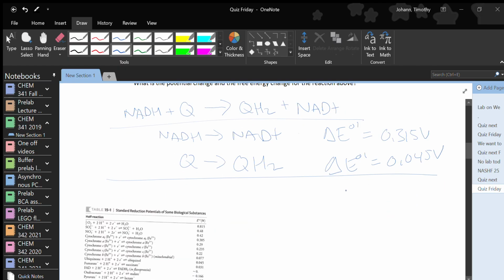And so the total potential change for a full reaction, where we've put these half reactions together so that one thing is oxidized and one thing is reduced, is going to be 0.360 volts, right?